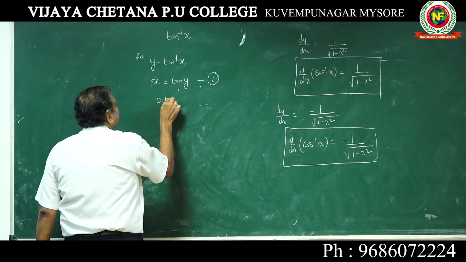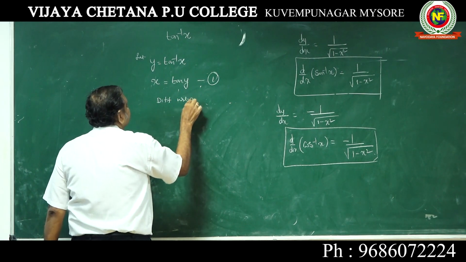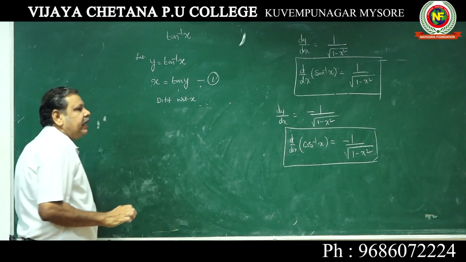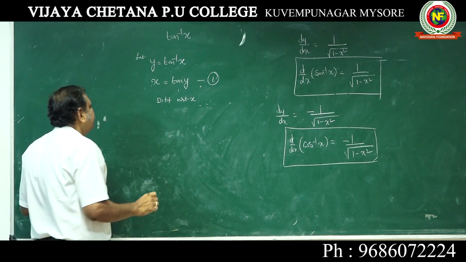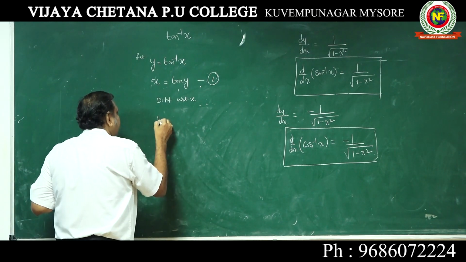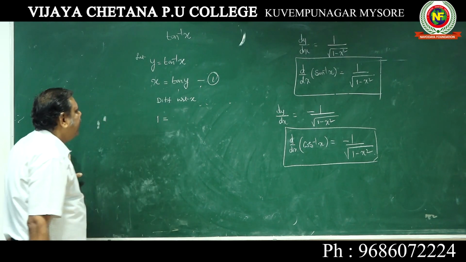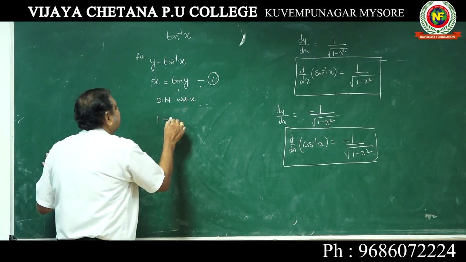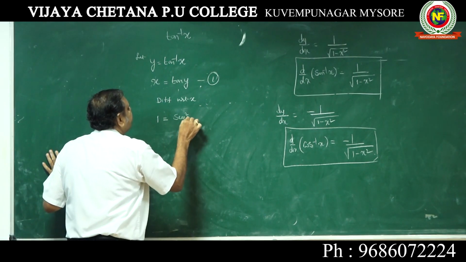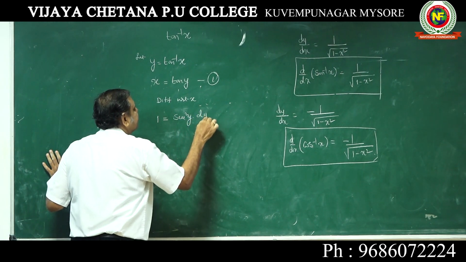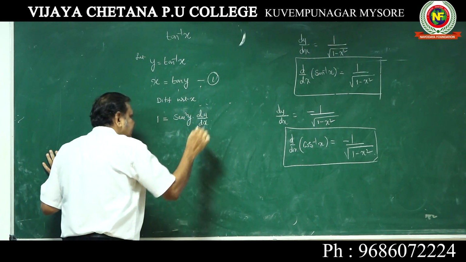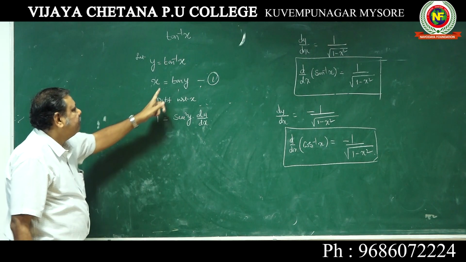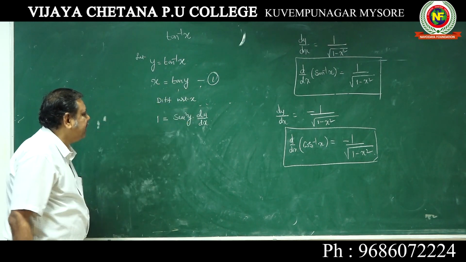Differentiate with respect to x. x equal to tan y. So left side 1. Then right side, tan y differentiation is secant square y into dy by dx. You know the differentiation of tan y. Secant square y into, whenever you are differentiating the y variable, dy by dx.